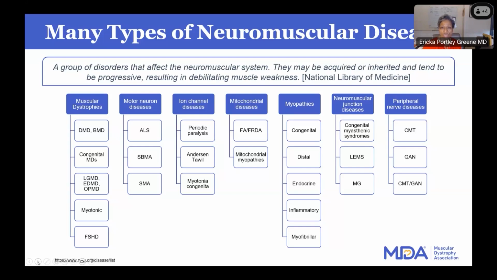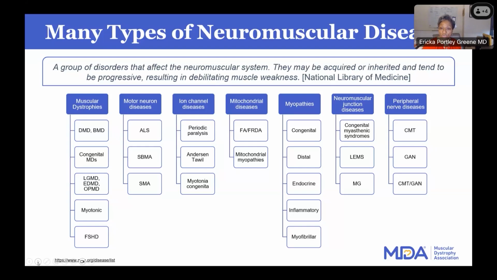Then you have the other categories, from the ion channel diseases, where it's not a muscle dystrophy or fibrosis, but the functional activation, the excitation and contraction of the muscle, is affected due to a channel mutation, or metabolic diseases, such as mitochondrial diseases or glycogen storage diseases.